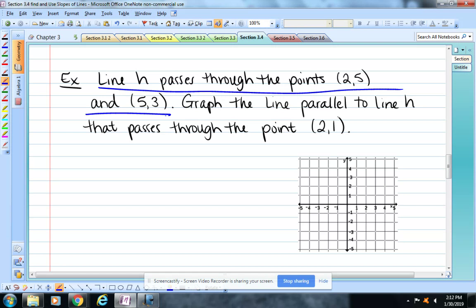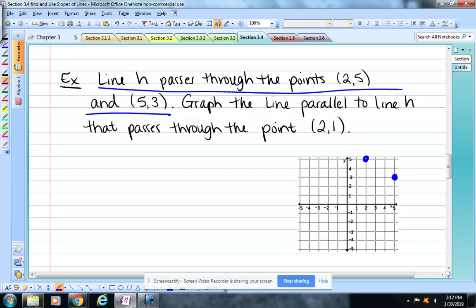So the first thing I'm going to do is graph line H. I'm going to graph those 2 points, and then draw a line through them. So (2, 5), I go right 2 and up 5. And (5, 3), I go right 5 and up 3.